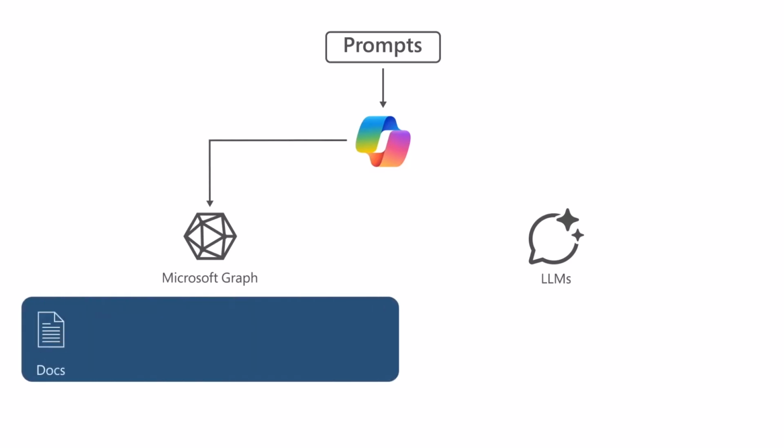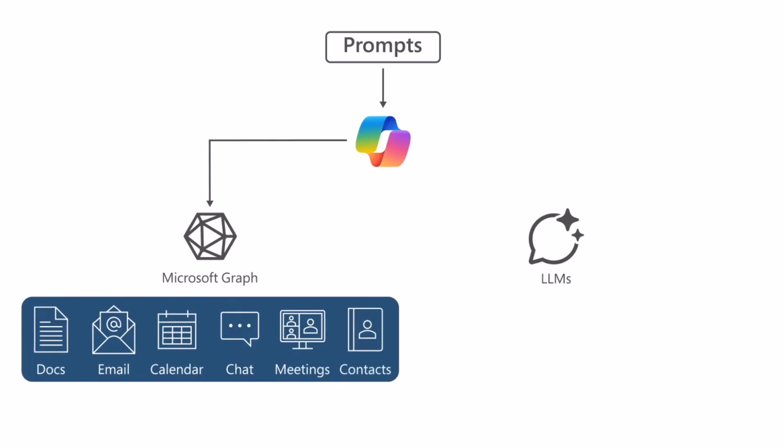When you use Copilot for Microsoft 365, your query or prompt is processed through an approach called grounding, which improves the specificity of the prompt. Copilot for Microsoft 365 accesses content and context through Microsoft Graph. It can generate responses anchored in your organizational data, such as user documents, emails, calendar, chats, meetings, and contacts.